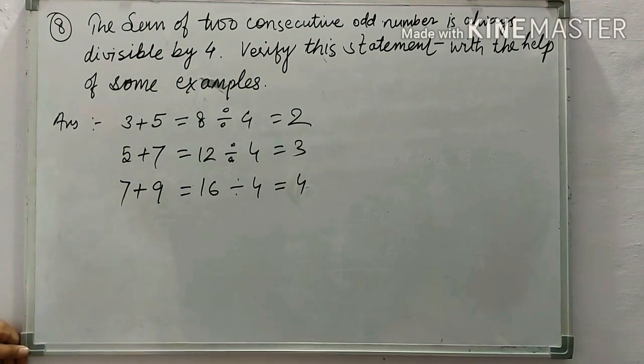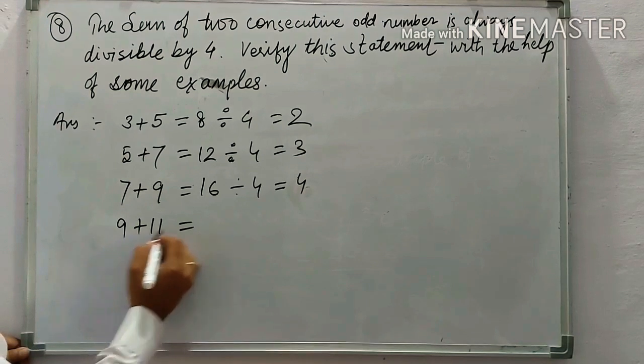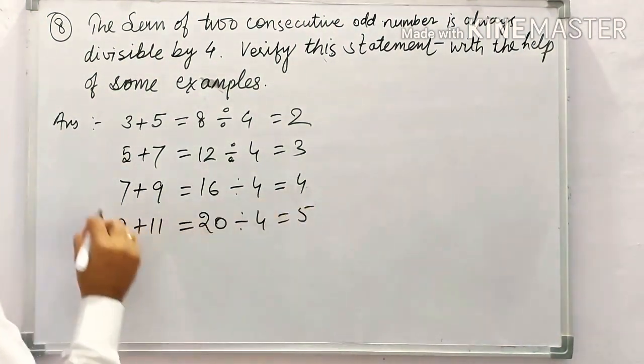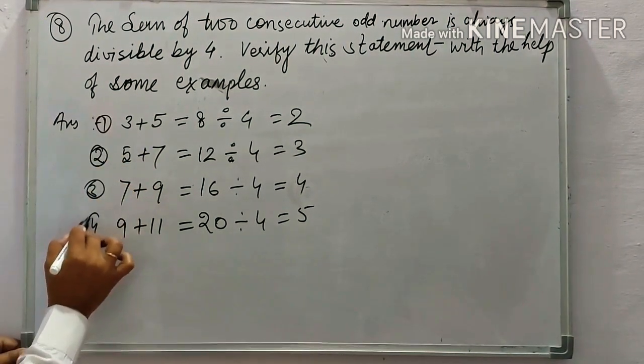And the fourth example is 9 plus 11, which is equal to 20, and 20 is divisible by 4, 5 times. That was the first example, second example, third example, and fourth example.